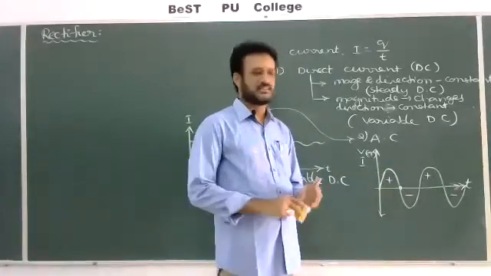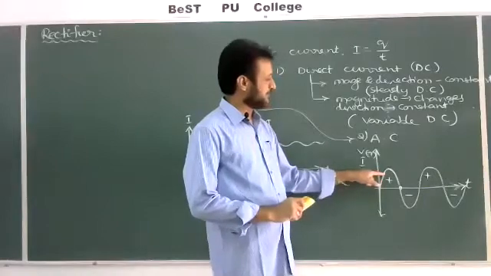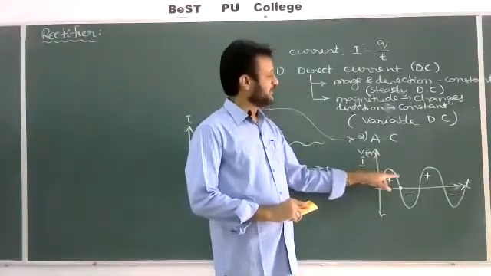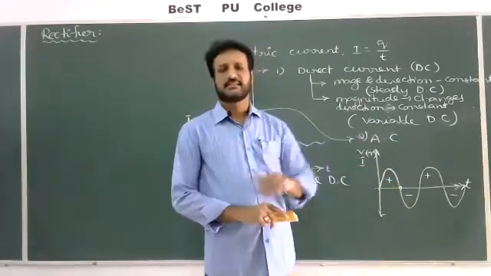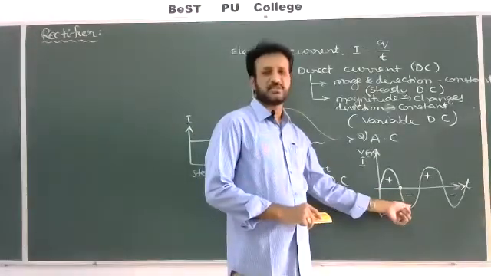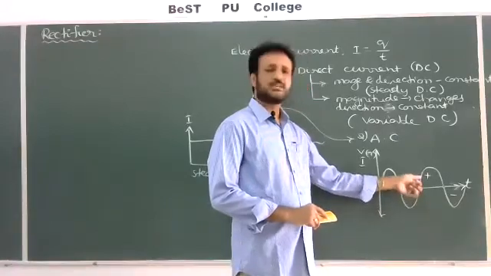First 0, next 5 ampere, 10 ampere, 15, 20, highest value 20, again 15, 10 and again 0. So it changes continuously. Again minus 5, minus 10, minus 15, minus 20, again minus 15, minus 10 and minus 5, and come to 0.